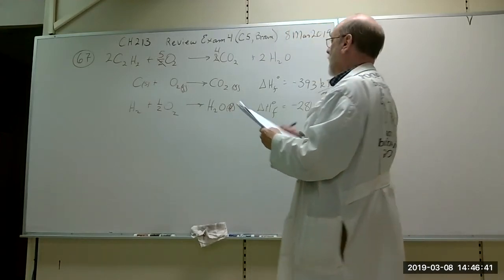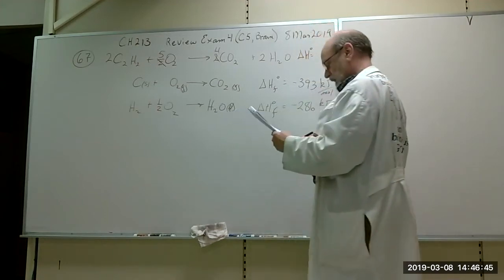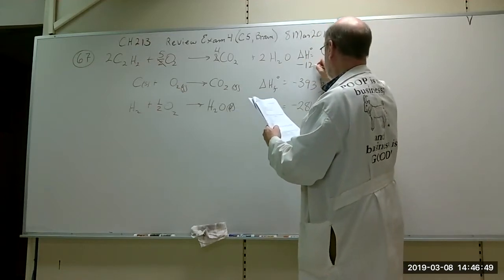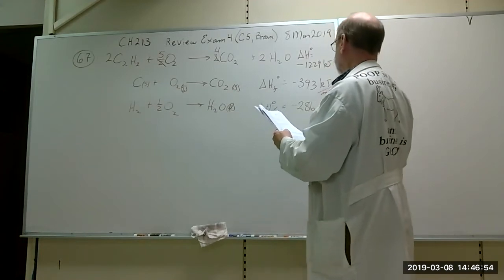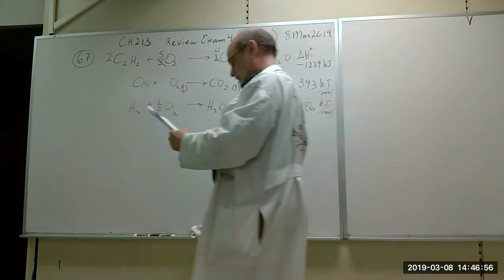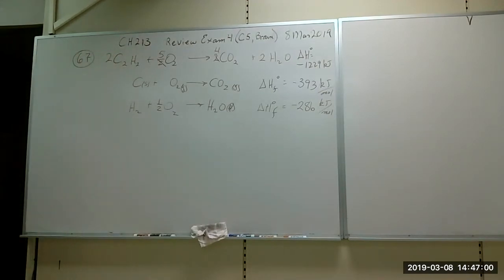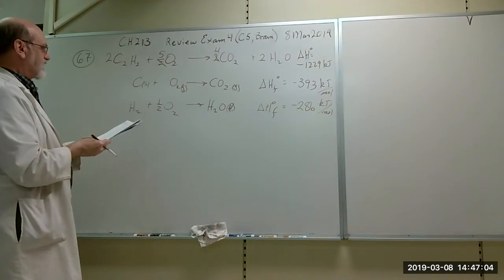Let's see. And we're also given this one at minus 1229 kilojoules. At this temperature, calculate the delta H of formation for acetylene.